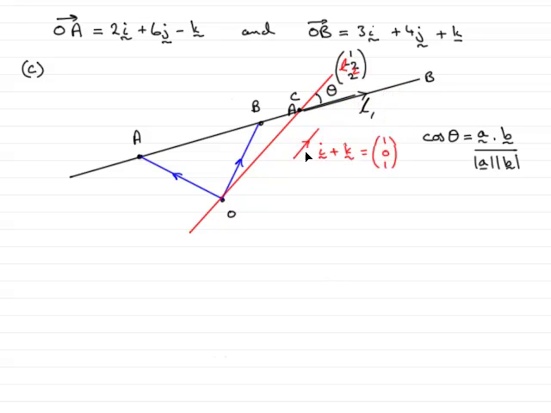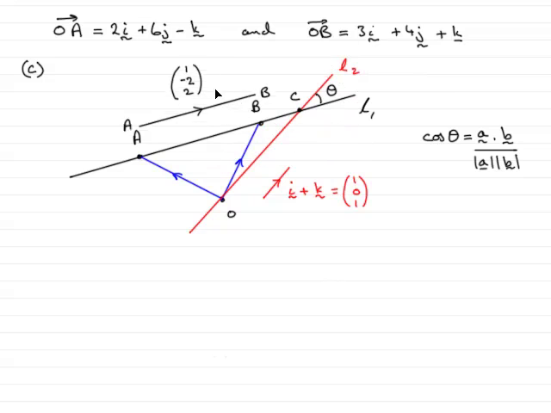I'll just move those vectors back because it is becoming a little cluttered in that area. So the angle theta is the angle between the vector AB and the vector i plus k. So it's those vectors that I'm going to use as my a and b.